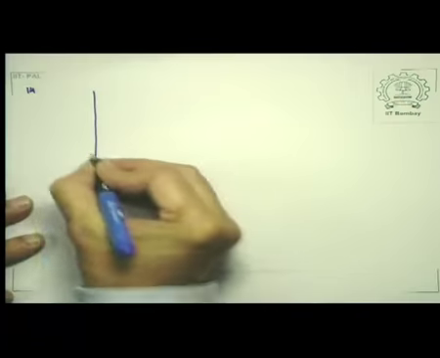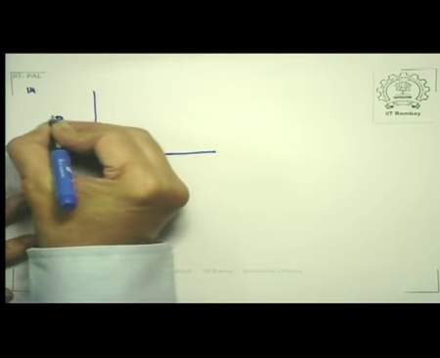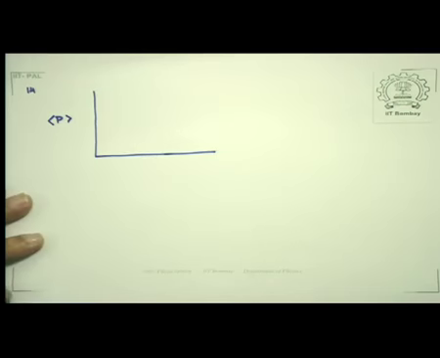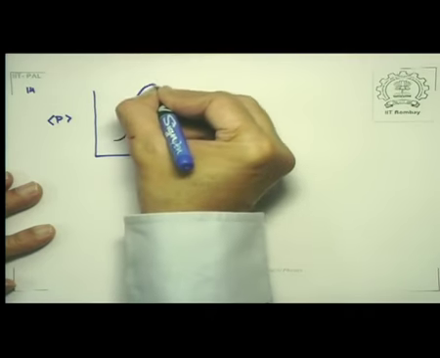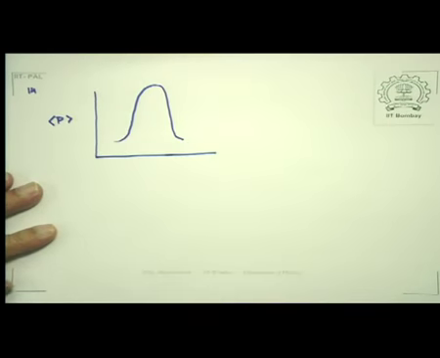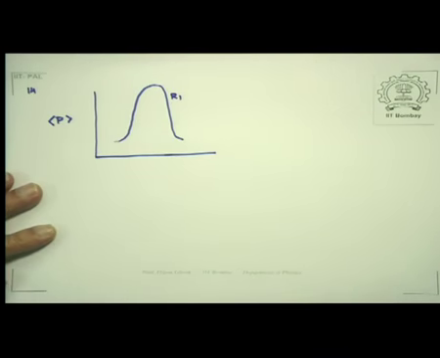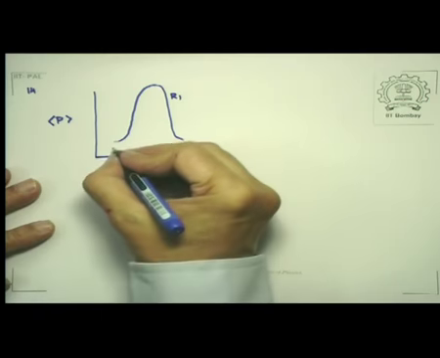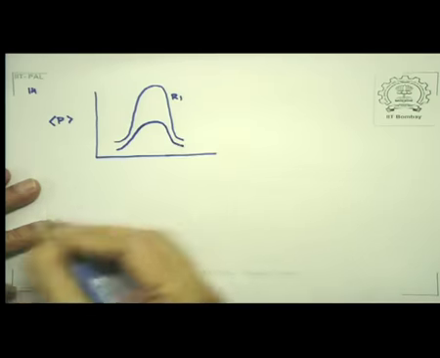If you plot this as a function of omega, you get the following. A typical curve would look like this. This is for, let's say, some R1. If you were to increase the value of R, it will become more flat, like this.